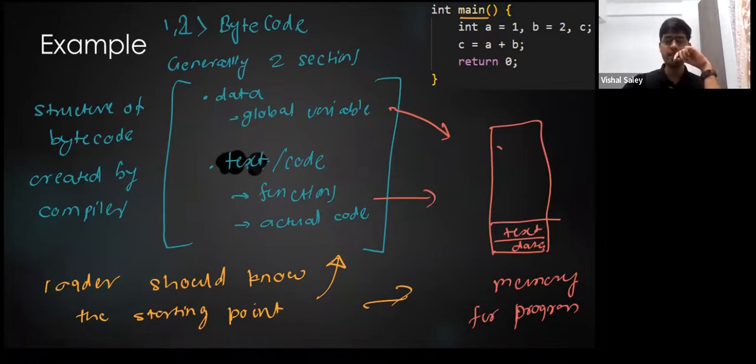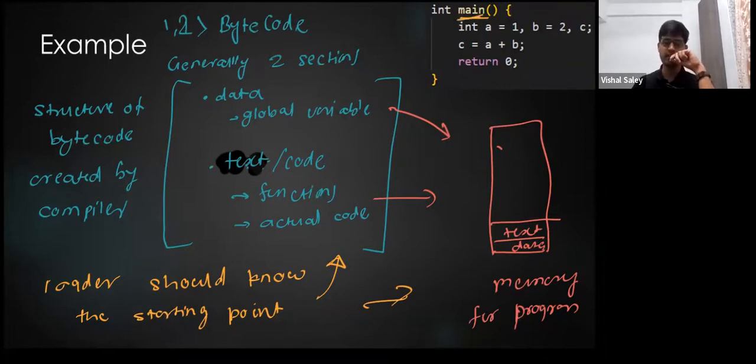This is something that has been decided between the operating system and the compiler, right? So the operating system expects some information in this bytecode which tells the loader program that this is the entry point of the code. The compiler says that whatever is written in main will be placed into that location.